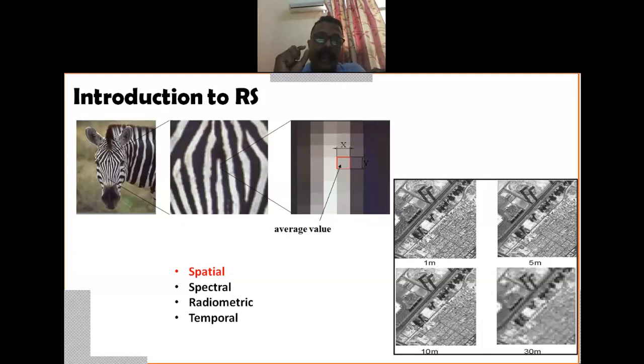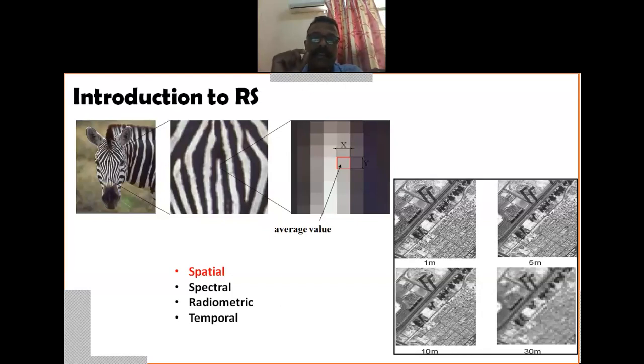Why should I call it raster data? Because the element of this picture is this small square box, which is known as a pixel. Within this box you will have only one piece of information all across the boundary of the box. But the moment you cross from one boundary to another, this value will change.